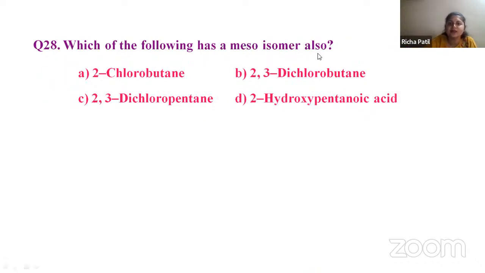Which of the following will have a meso isomer also? For a meso isomer, it should have chiral carbons, but it will have a plane of symmetry.